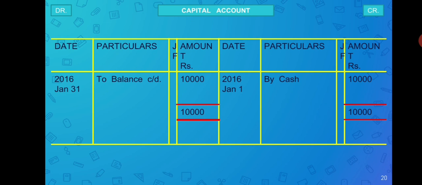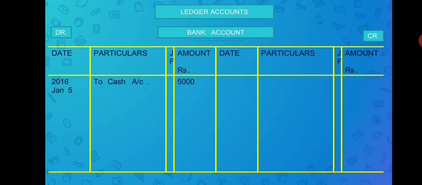You have to bring down the balance. So the carry down balance is in the debit side, so opposite to that, on the opposite side you write the bring down balance. So February 1st, by balance brought down 10,000. Now you can counter check: capital account always shows a credit balance. So now you got the credit balance on the credit side, 10,000.